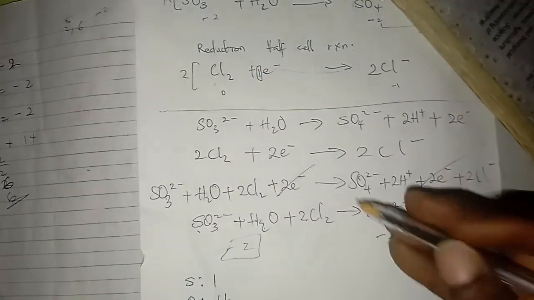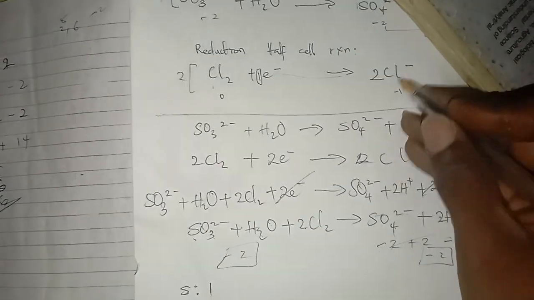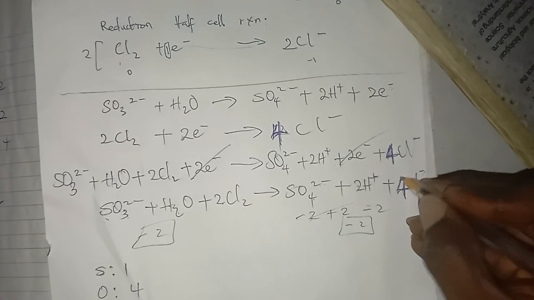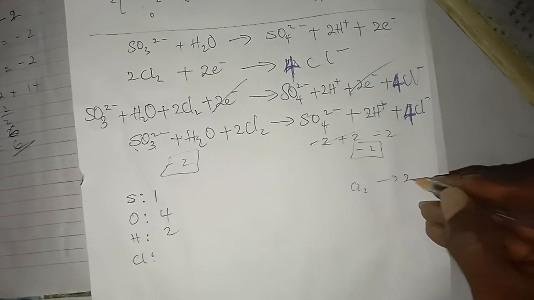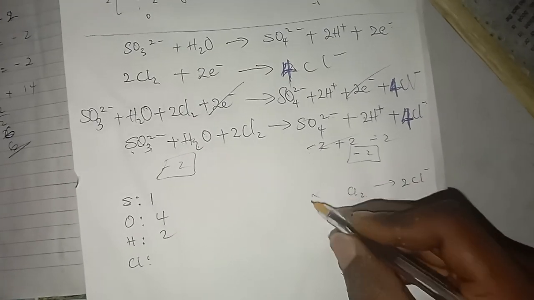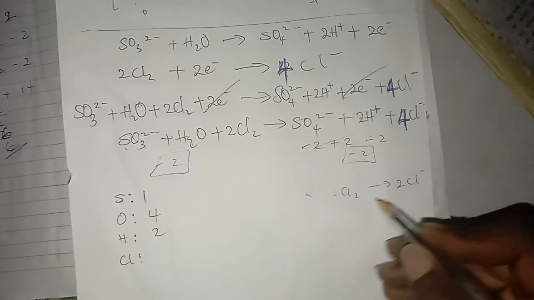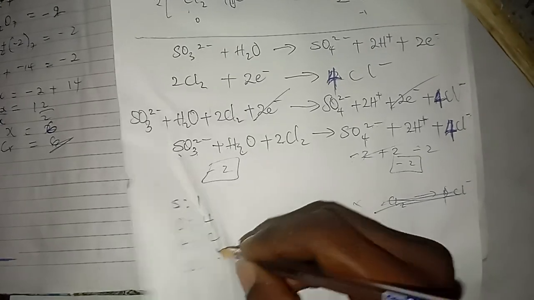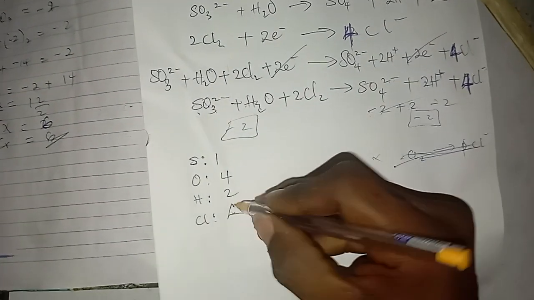So before we even multiplied, this is supposed to be 2Cl minus, so that by the time you do 2 times this, it is supposed to be 4Cl minus. Go back and check, you see that we are correct. Based on the rule of coefficients, this is supposed to be 2, this is supposed to be 4. So our chlorine is actually 4.